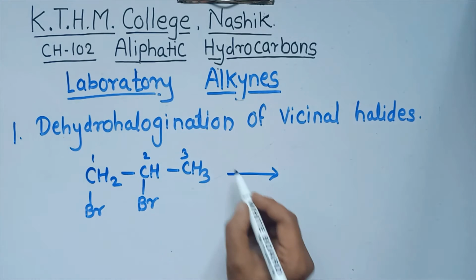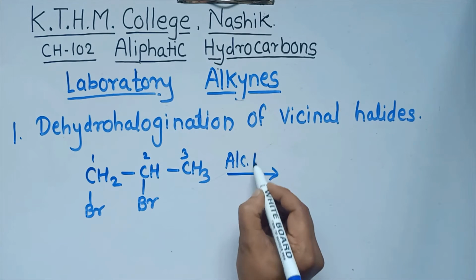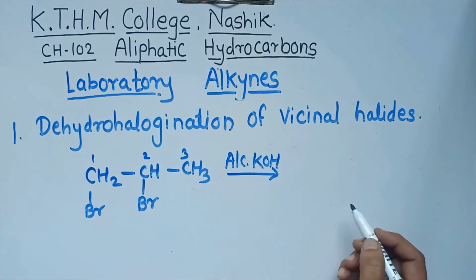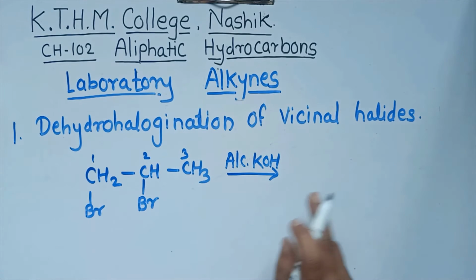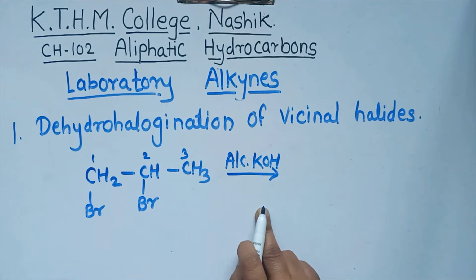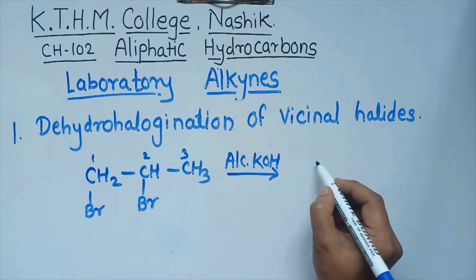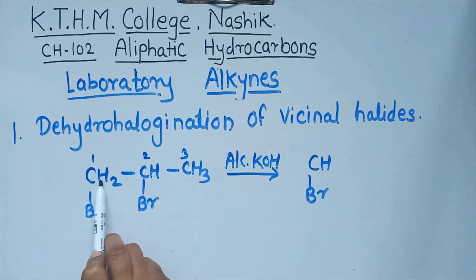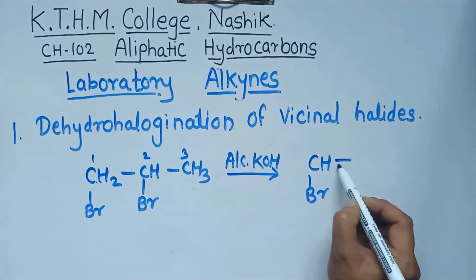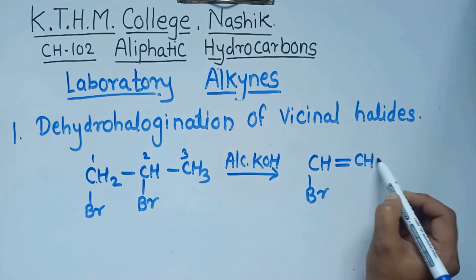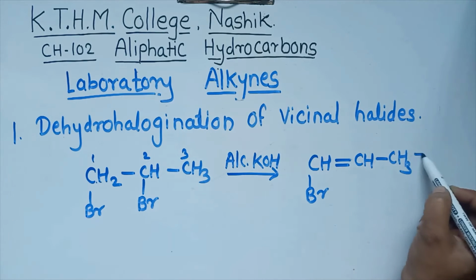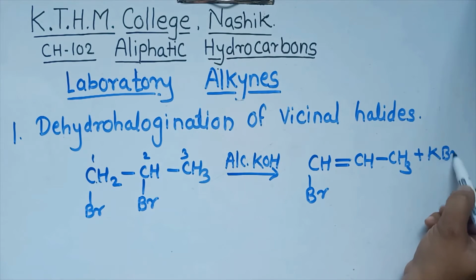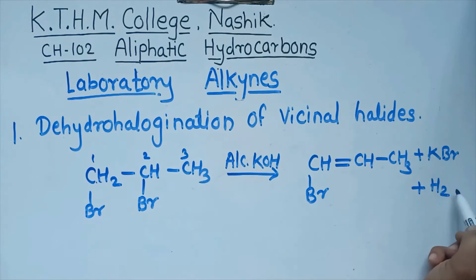When this dihalogenated alkane reacts with alcoholic KOH, it undergoes first elimination to form a vinylic halide. So what happened? One hydrogen from this carbon and halogen from this carbon get removed and there is a formation of KBr and water.